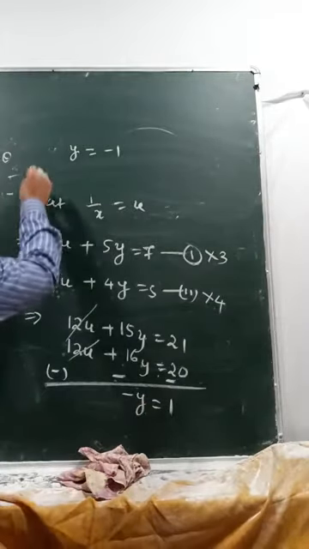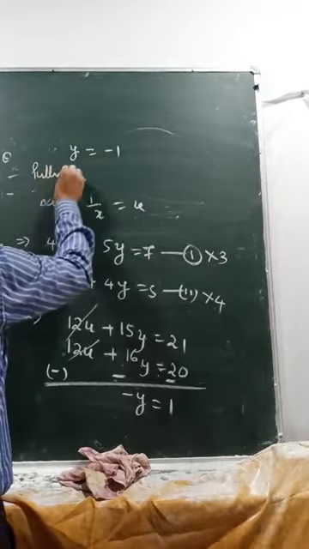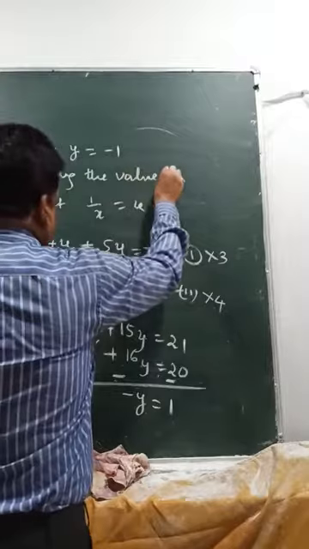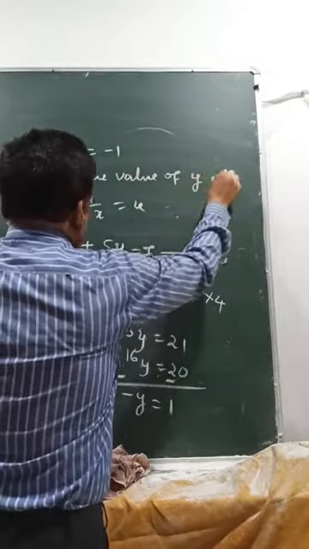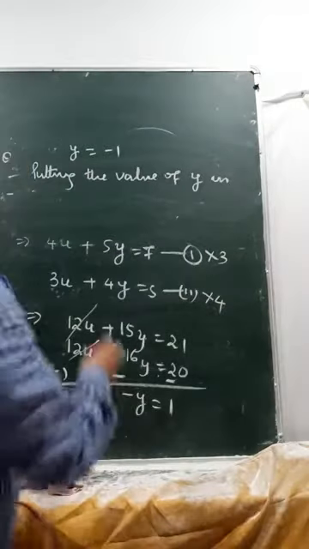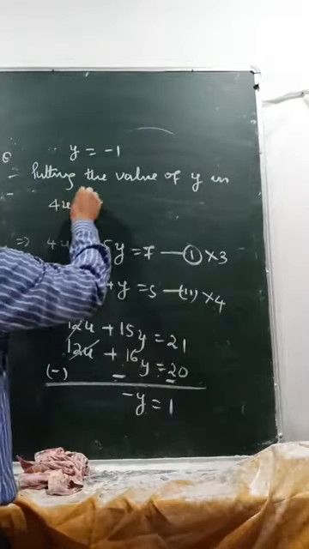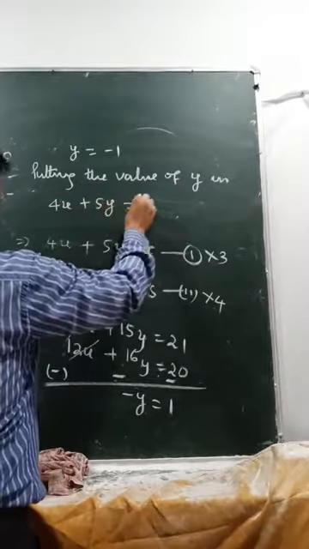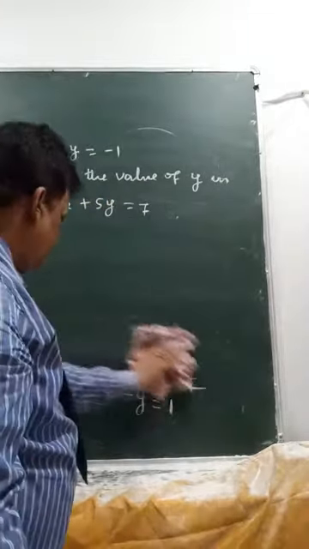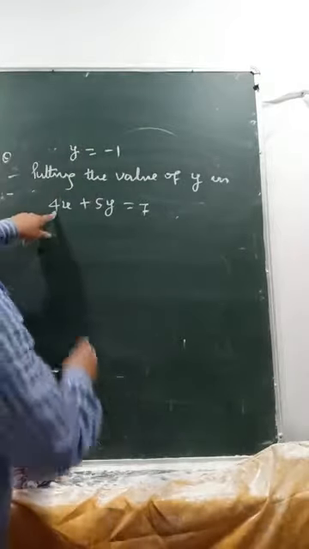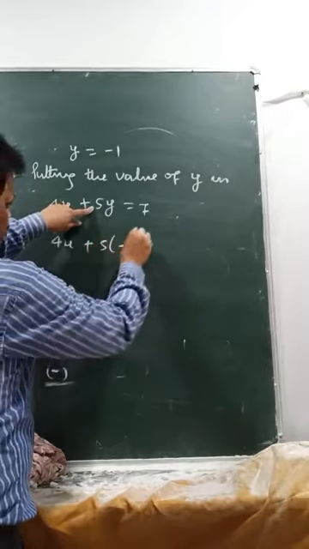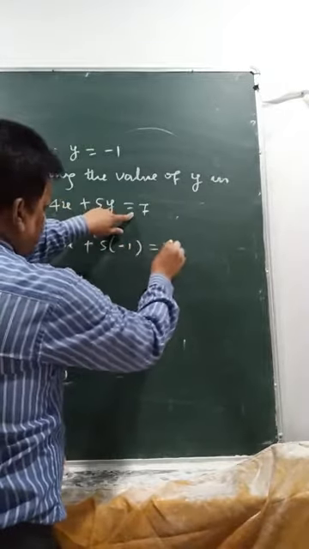Now putting the value of y in one of the equations. In the first equation, 4u plus 5y equals 7, I will put it here. Then 4u plus 5 into minus 1 equals 7.